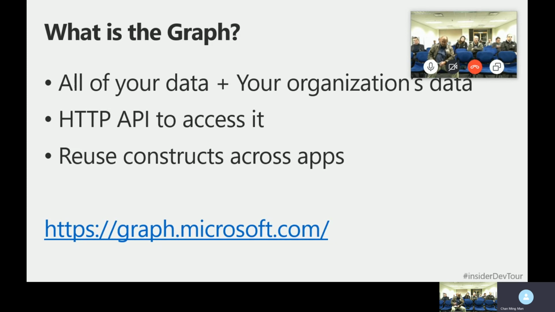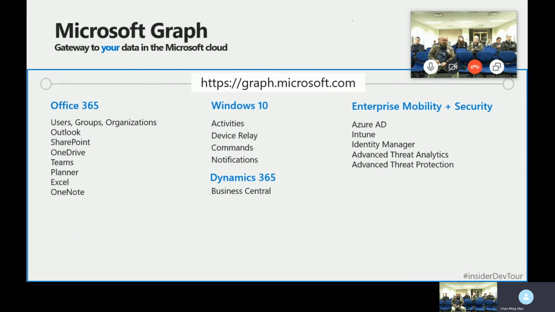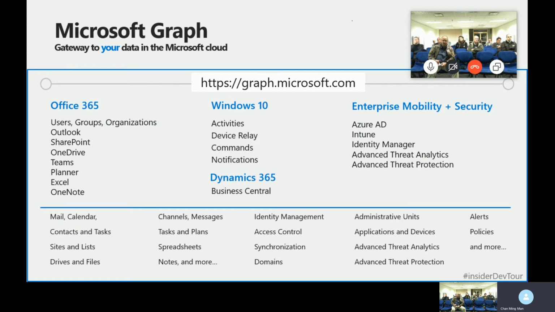So this is the data that you can get from the Microsoft Graph. As I mentioned just now, you can get your SharePoint data, your OneDrive data, your Outlook data. Teams here is Microsoft Teams, which is pretty new.